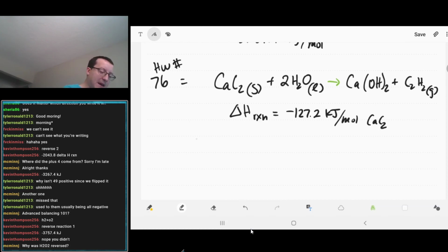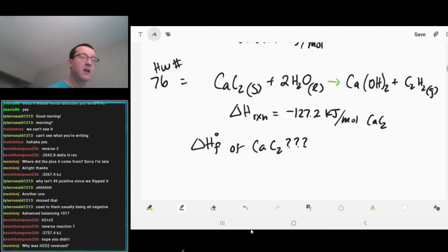And this time it's asking us to find the delta H of formation for calcium carbide.